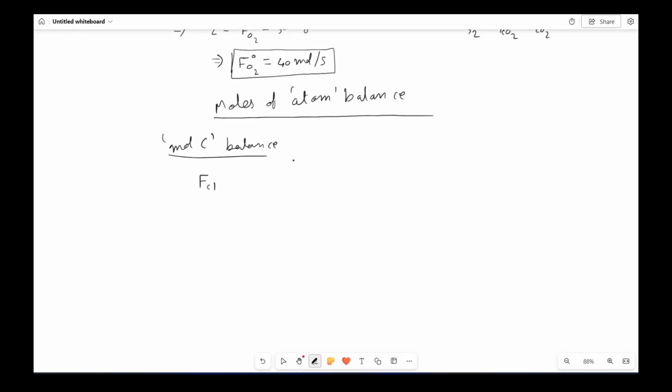Let me write the reactions here for easy identification.